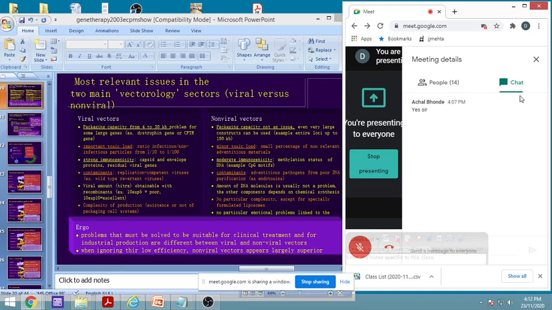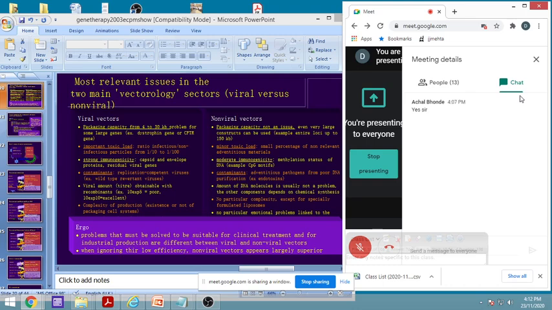Then the toxic level ratio, that is, infectious to non-infectious particles, is from 1 to 10 or 1 to 100. Here in non-viral there is a very small percentage of non-relevant material, so non-viral vectors are good that way.